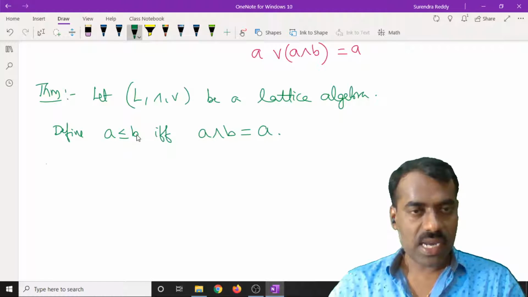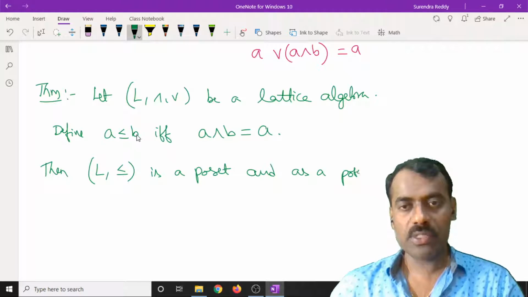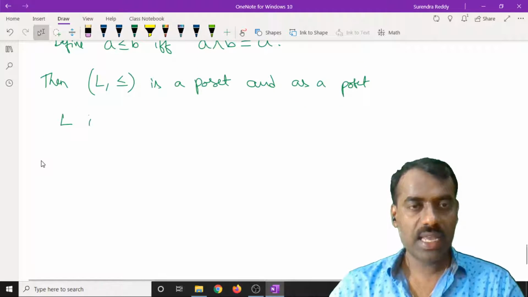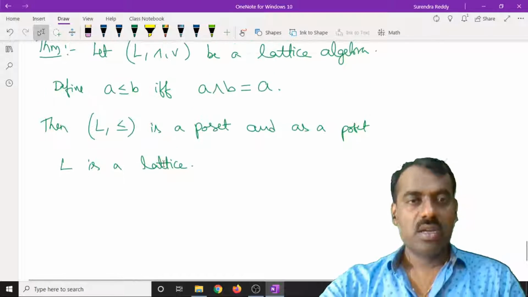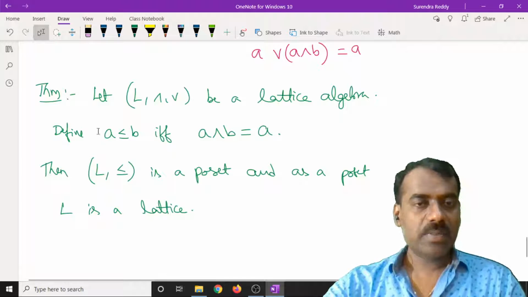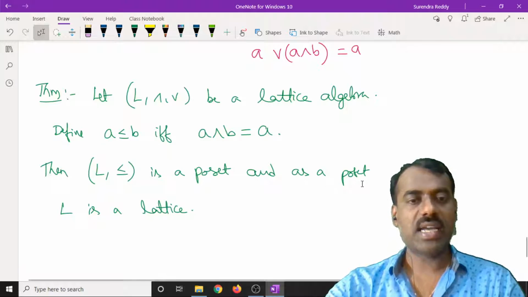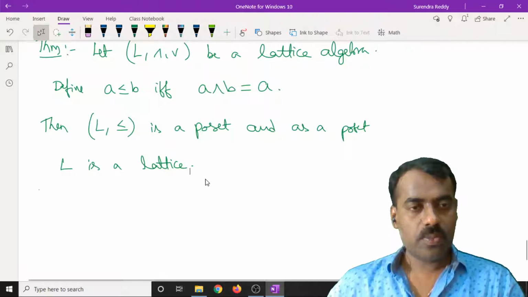With respect to this relation, this L together with this relation is a poset, and as a poset, L is a lattice. So that means, given a lattice as an algebra, we define some relation. With respect to that relation, it will be a poset, and as a poset, it is a lattice. Okay. Let's see the proof.